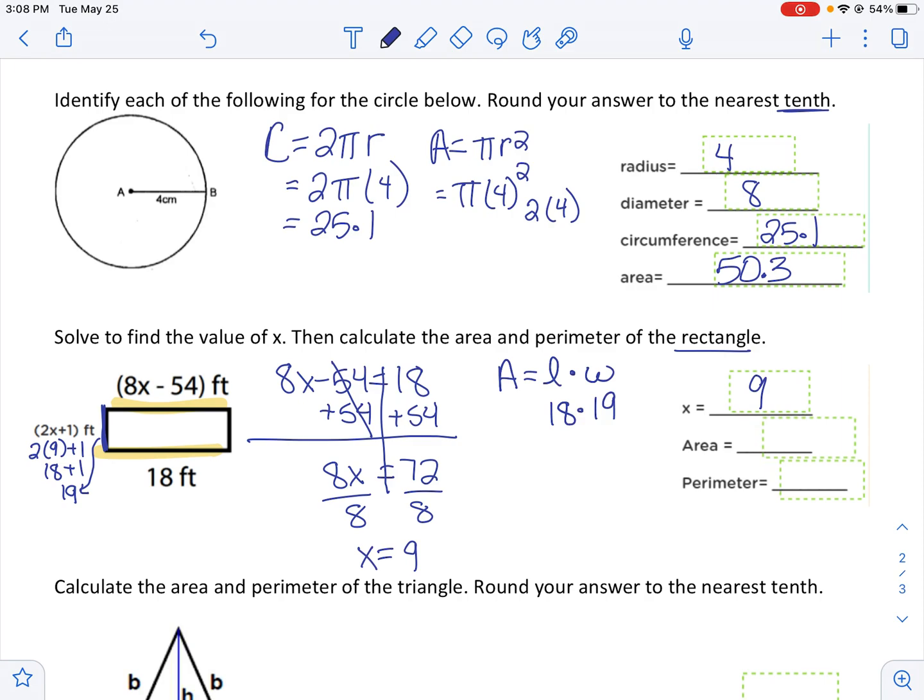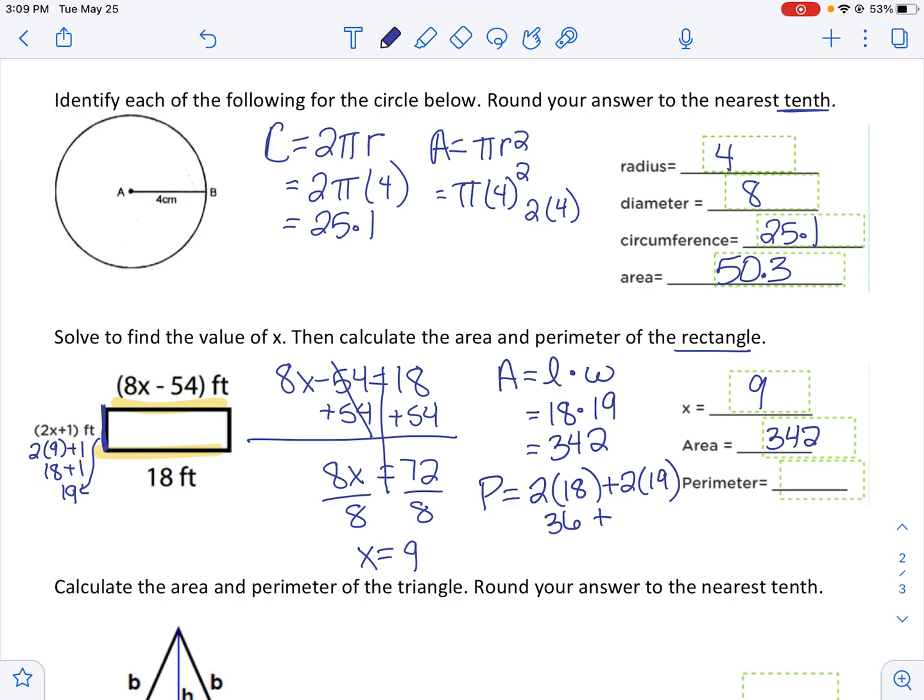Okay. Plug that into our calculator. 18 times 19, we get 342. Okay. For our perimeter, we're going to do 2 times 18 plus 2 times 19. So 2 times 18 is 36.